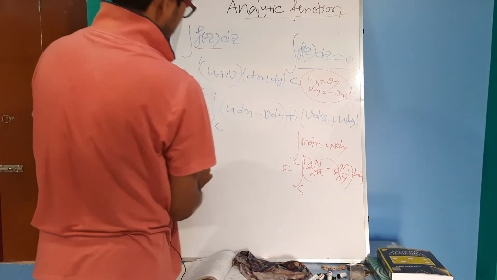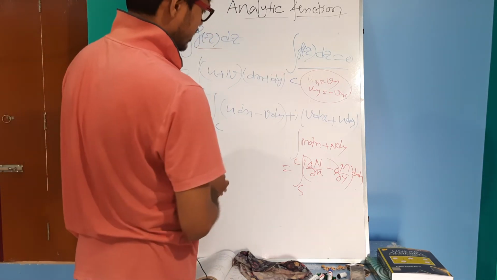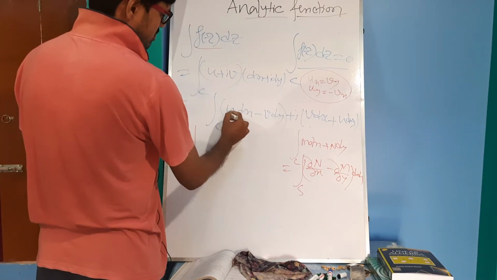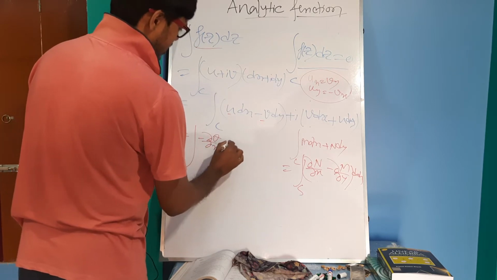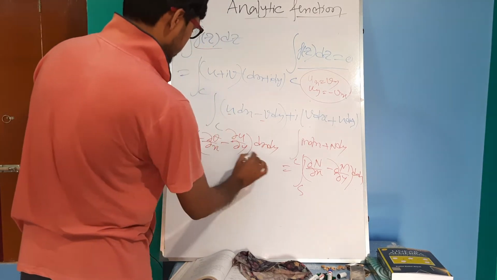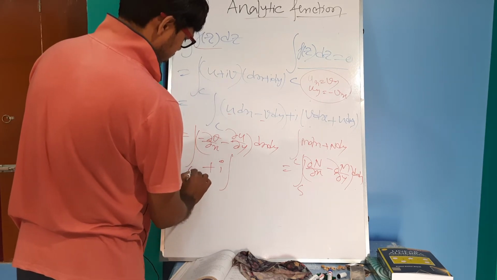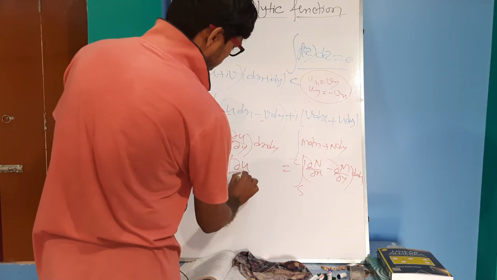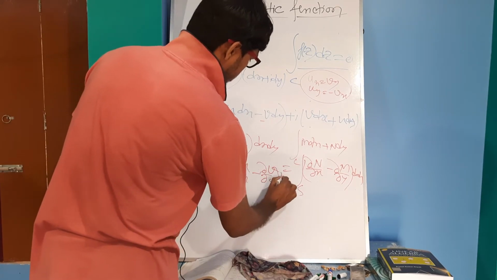So you can use the same technique and use the Cauchy-Riemann equations. We will find that this will be 0. So let's start, and this is M and N. So minus del v by del x minus del u by del y into dx dy for this function, and i times the integration over S, the surface here, of del u by del x minus del v by del y into dx dy.